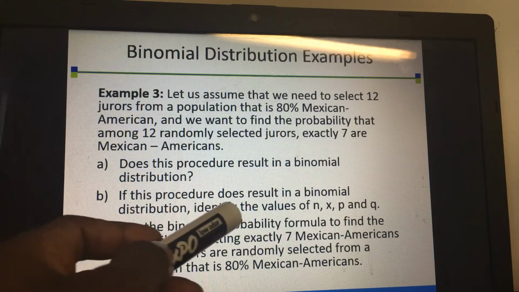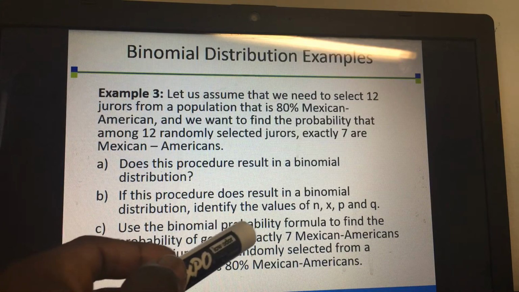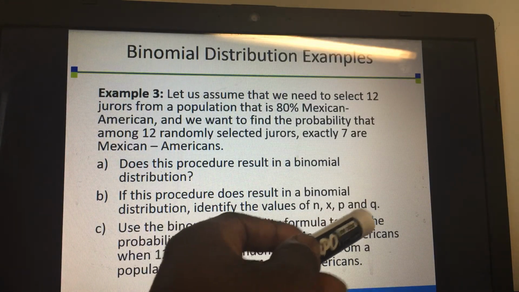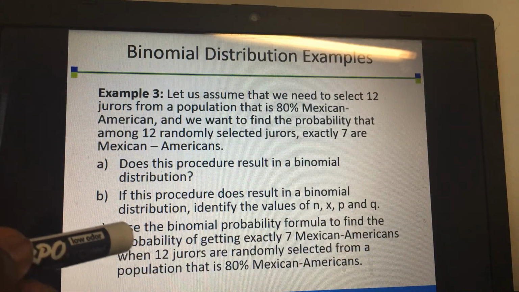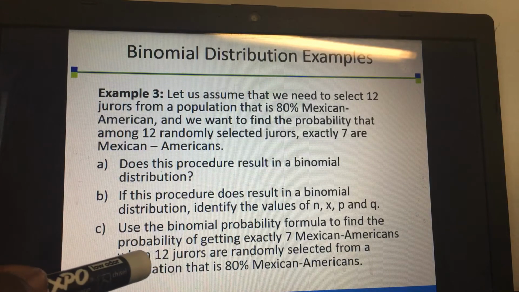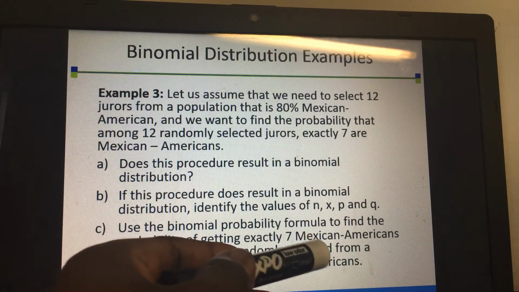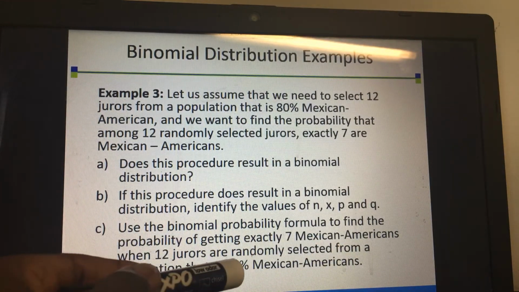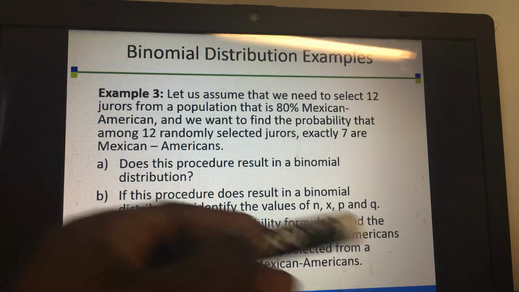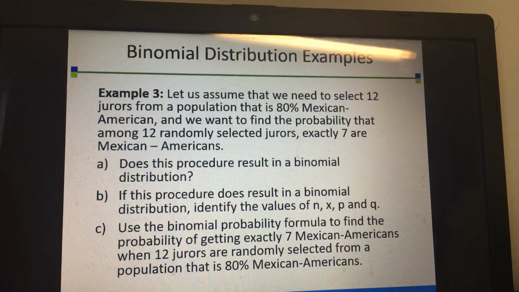If the procedure results in binomial, identify the values for n, x, p, and q. Part C says, use the binomial probability formula to find the probability of getting exactly 7 Mexican Americans when 12 jurors are randomly selected from the population that is 80% Mexican American. So let's start from part A.